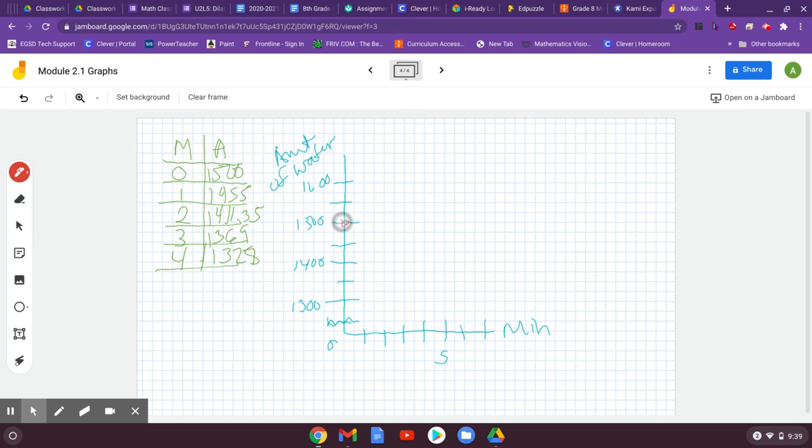We started at 1,500 and we're going to 1,455. So it's right by the 50, 1,450. Then it's 1,411, which is just barely above this one. And then we're at 1,369, which is kind of right in here.